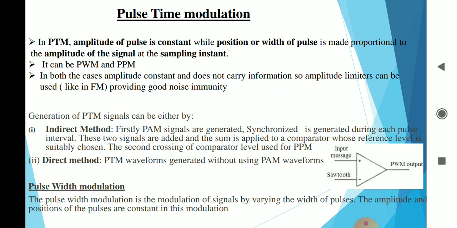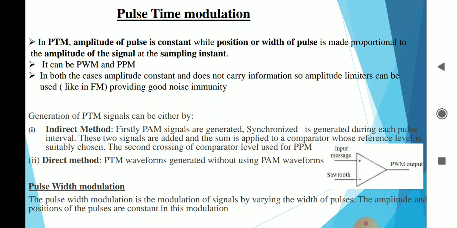The width of the pulse is varied proportional to the amplitude of the message signal at that particular sample. So when the pulse signal is present at that point of instant, depending upon the amplitude of the message signal, the width of the pulse may increase or decrease. That is the main objective of pulse width modulation.